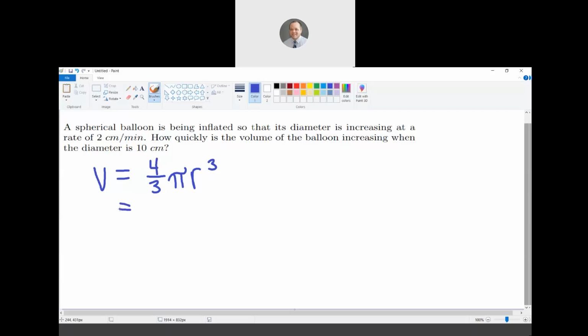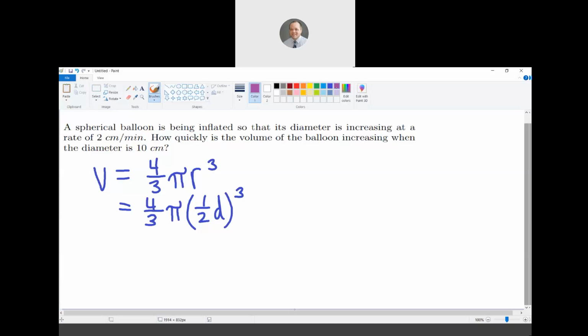So in our formula, let's replace r with 1/2 times d. Again, I'm only doing that because we're not given any information about the radius. We're only given information about the diameter. Now, let's put our given information over here to the side. The diameter is increasing at a rate of 2 centimeters per minute.